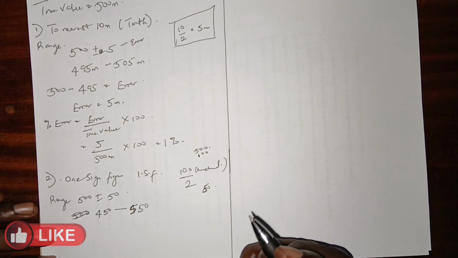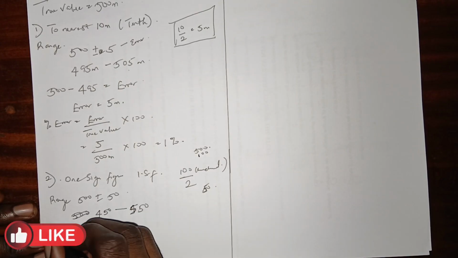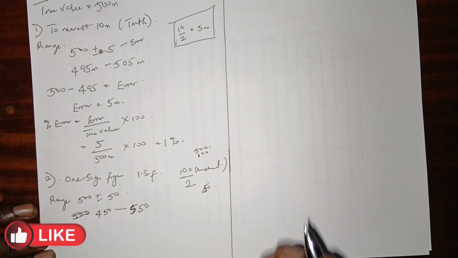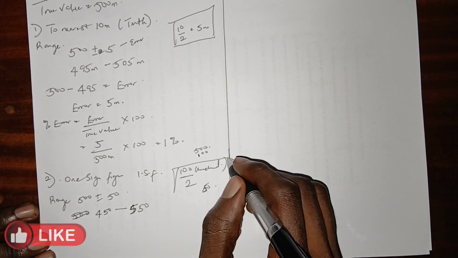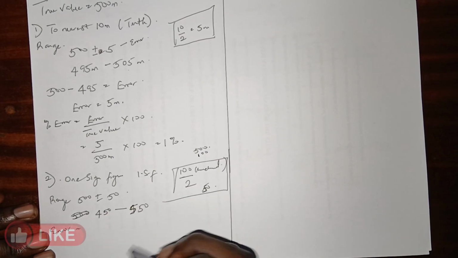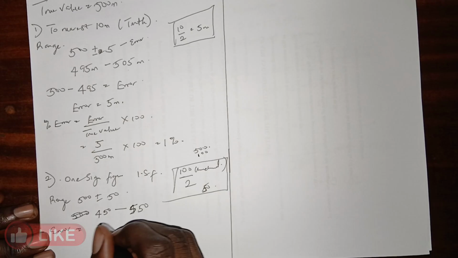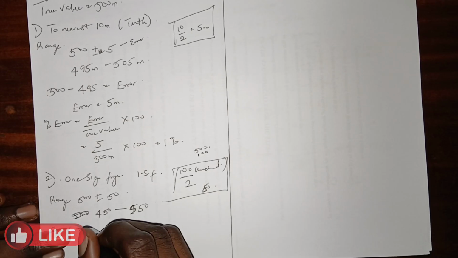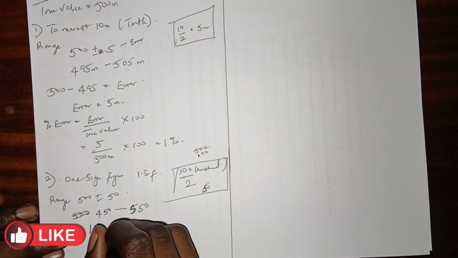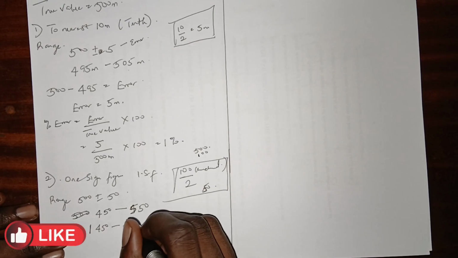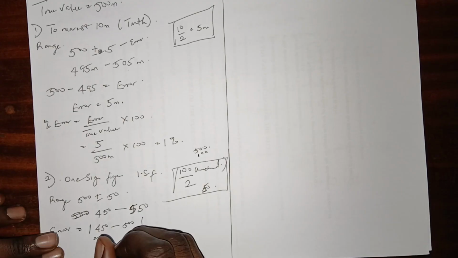Now to get the error, the usual way is to subtract any of these from the true value using the absolute value. You should get your 50 back.